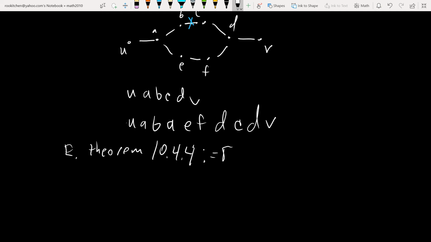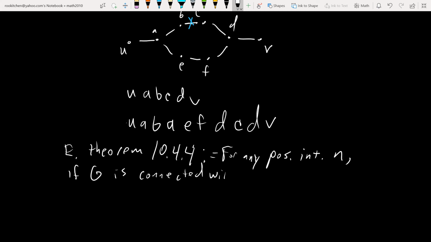So for any positive integer n, if G is connected with n vertices and n minus 1 edges, then G is a tree.